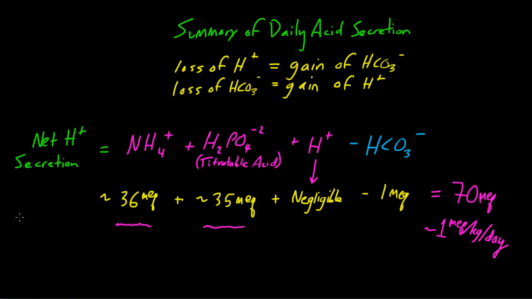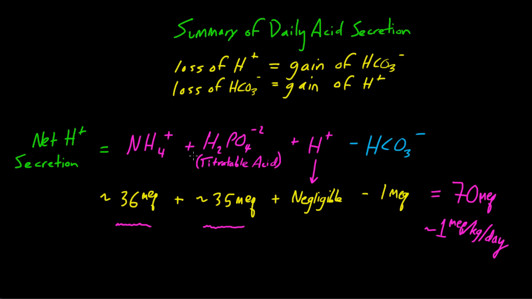And so if I could, just to bridge this to some clinical concepts real fast, this 1 milliequivalent per kilogram per day is going to occur as long as you're alive and you're eating. So what keeps you in acid-base balance and keeps your pH normal is the fact that all of this can occur in the kidney, and that obviously you're breathing and able to excrete CO2.